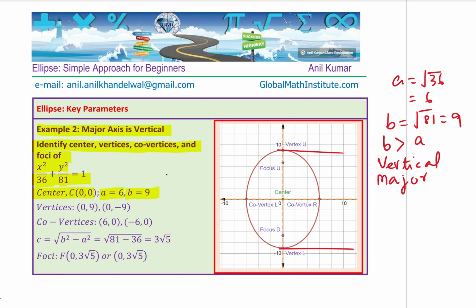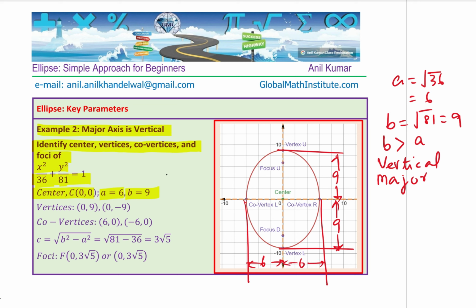The distance is now the square root of 81, which is 9. So it is 9 plus 9, as you can see. So the major axis length is 18, as you can clearly see here. On the other hand, the minor axis is 6 and 6. So the minor axis length is 12. Perfect.